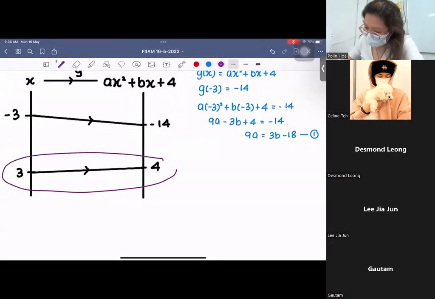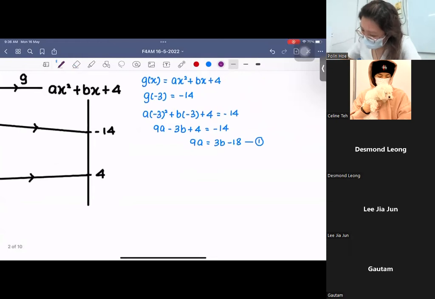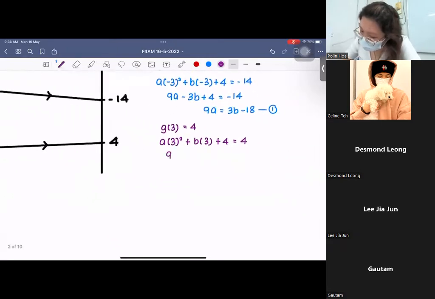The second one, we are given g(3) equals 4. Substitute 3 into g(x): a(3) squared plus b(3) plus 4 equals 4. So 9a plus 3b plus 4 equals 4.